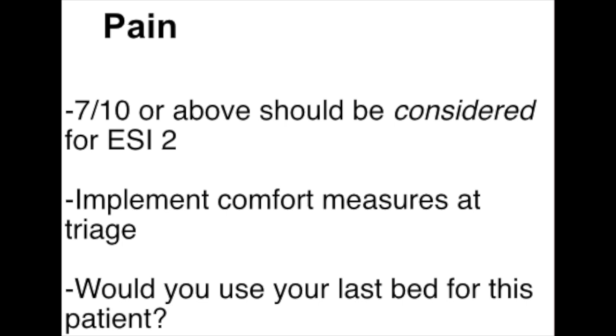Perhaps you can give some Tylenol or Motrin at triage. So you can implement things that address their pain, even if it's above a 7. But you are also documenting why they're able to wait in the waiting room, and basically you're not using your last bed for this patient.